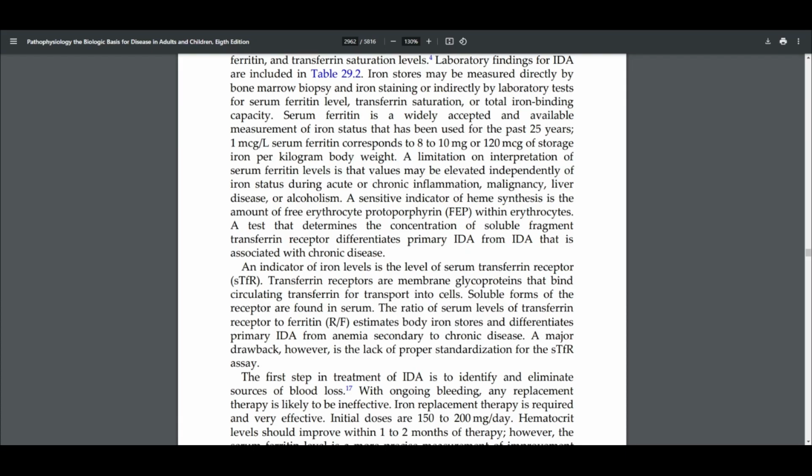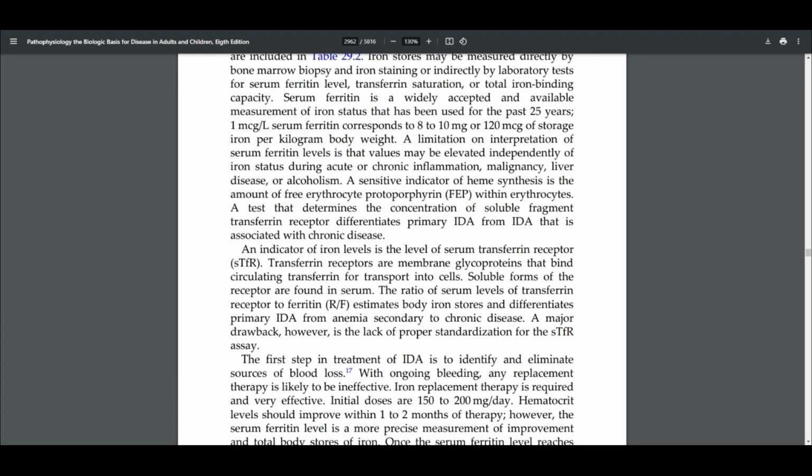A limitation on interpretation of serum ferritin levels is that values may be elevated independently of iron status during acute or chronic inflammation, malignancies, liver disease, and alcoholism. A sensitive indicator of heme synthesis is the amount of free erythrocyte protoporphyrin within erythrocytes, a test that determines the concentration of soluble fragments.